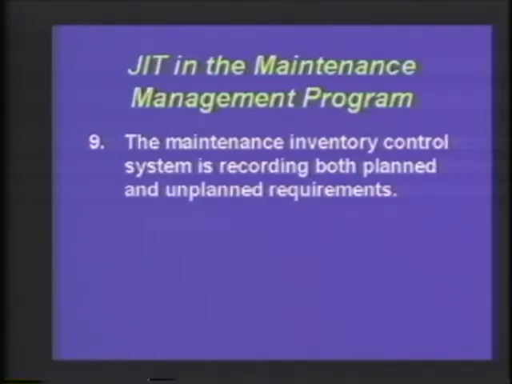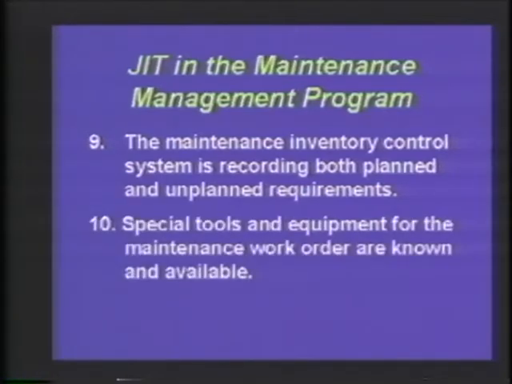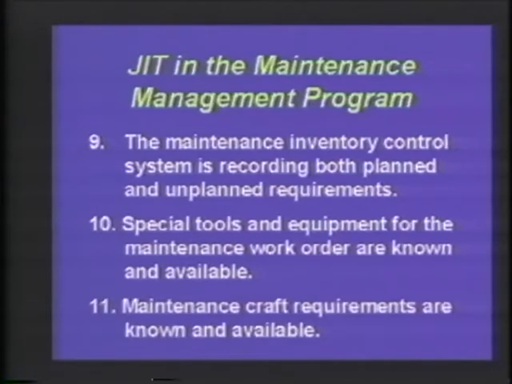Well, you should be doing 8 and 9 automatically once you start implementing the PM program, and then subsequently the minor and then the major overhaul programs. 10, the special tools and equipment for the maintenance work order program are known and available. And 11, craft personnel requirements are known and available. They're known through planning, and then when you schedule them, you'll know that they're going to be available.